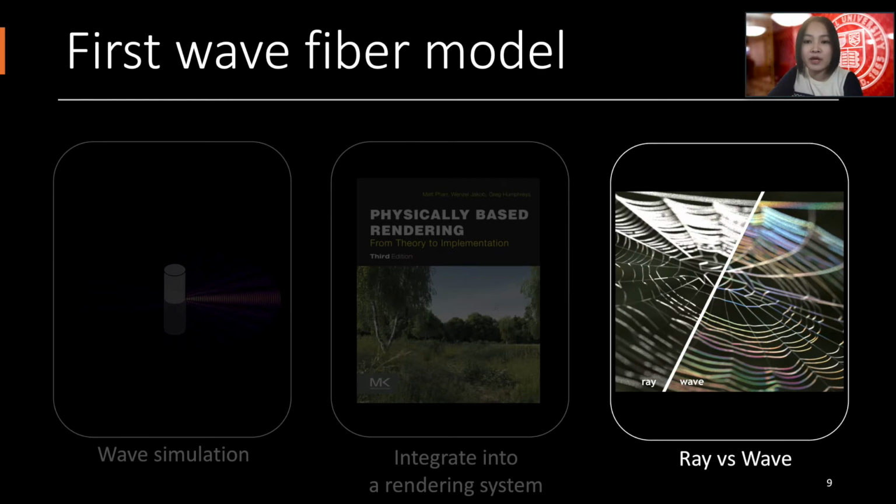Ray and wave models produce different results. We examine the similarities and differences between ray and wave predictions. We will show that the wave results include strong color effects due to diffraction and interference, softening of sharp features, and strong forward scattering that are not predicted by ray-based methods.